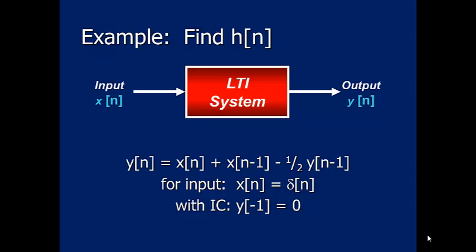And similarly, your h of plus 1, plug in n equals plus 1 into this, get minus 1/2 to the first, times U of n is 1, plus minus 1/2 to the 0, and U of n minus 1 at n equals 1 is going to give me a 1.